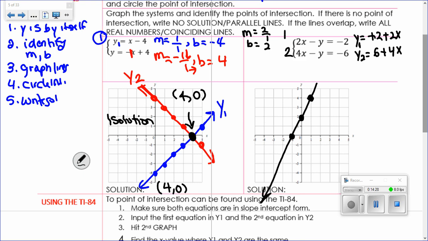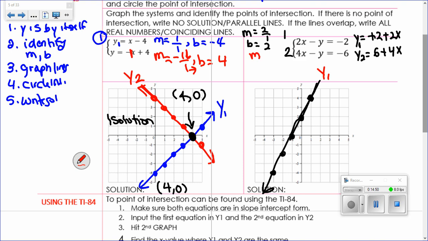I'm going to draw a better line there. I don't like this one. All right, that looks much better. So that's y1.